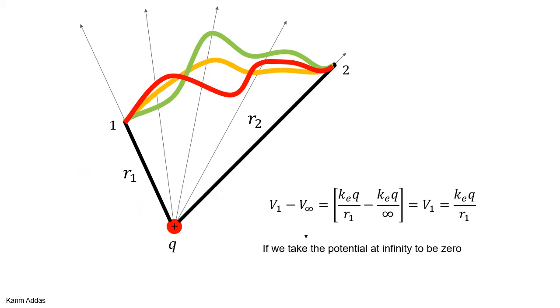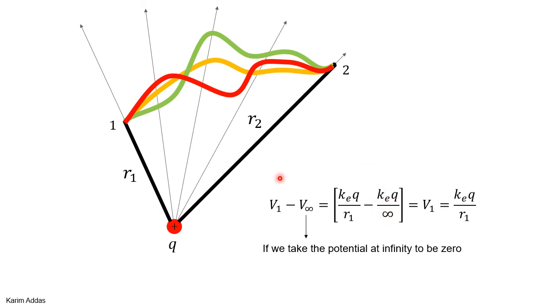If we want to get the potential at a point, taking the potential at infinity to be 0, we can take point 2 and take it all the way to infinity. If you imagine taking this point right here and moving it all the way to infinity. Now V1 minus V infinity, we're going to take the potential at infinity to be 0. That's the same convention we used before. And if you put kq over R2 with R2 going to infinity, this becomes 0.